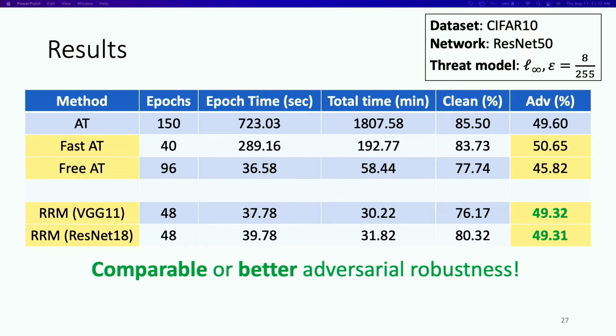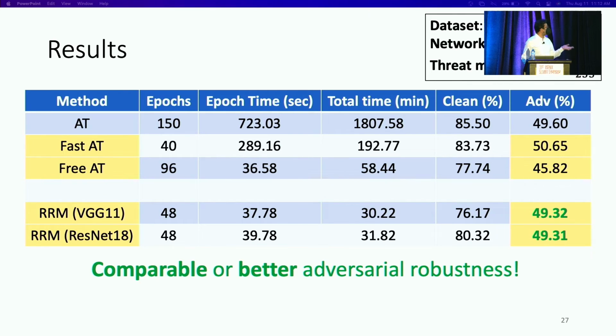And compared to prior works, RRM achieves comparable adversarial accuracy to fast adversarial training, and about 4-point higher adversarial accuracy as compared to free adversarial training. Note here that unlike free adversarial training, RRM does not suffer a drop in adversarial accuracy to account for the acceleration or the speed up.